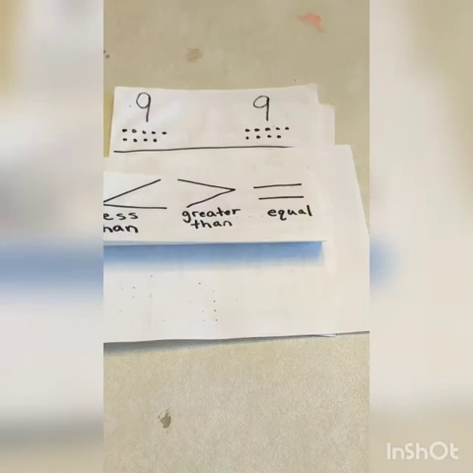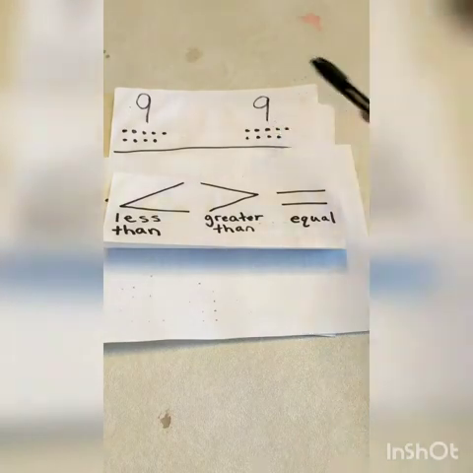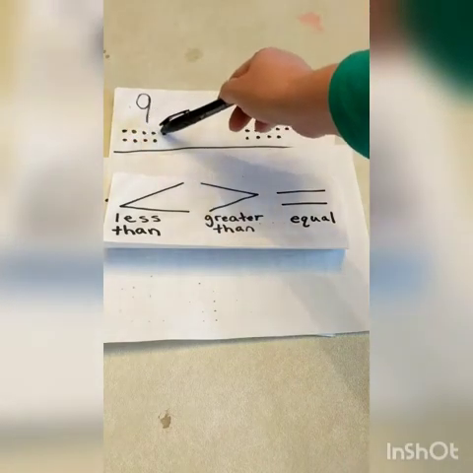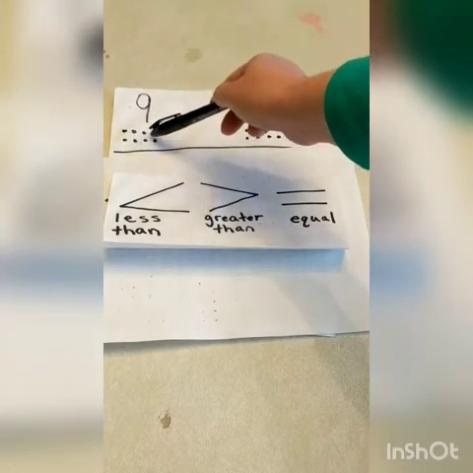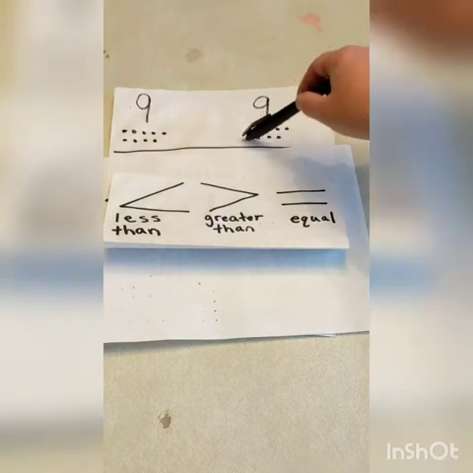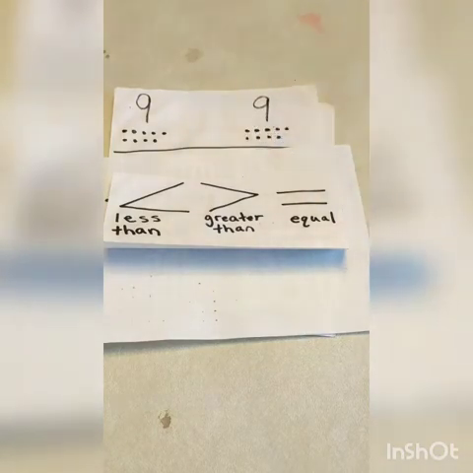Here we go. We're going to compare the number 9 to the number 9. Okay, let's count our dots. 1, 2, 3, 4, 5, 6, 7, 8, 9.